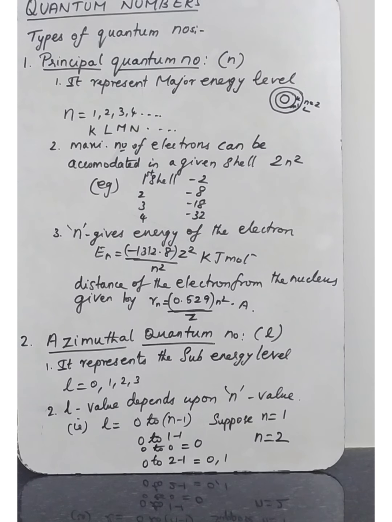The s block is the left side of the periodic table, the first 2 groups, and the p block is from group 13 to 18. Next, d block elements are in between s and p block elements, and at the bottom of the periodic table, f block elements are there.